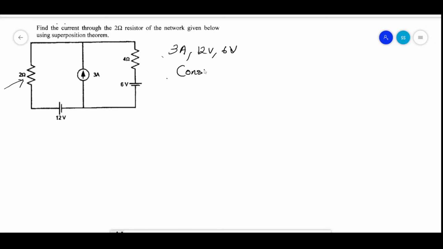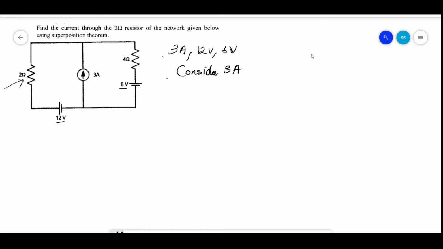Considering the 3 ampere source, we need to replace all the other sources with their internal resistance and consider the particular source alone. So the 6 volt source and the 12 volt source are replaced by their internal resistance, that is 0.